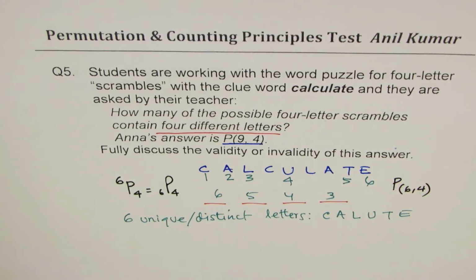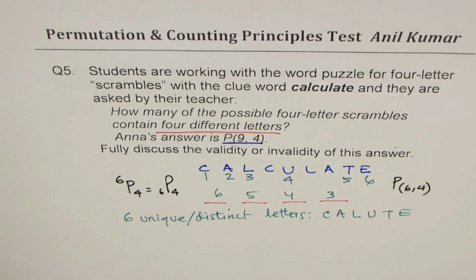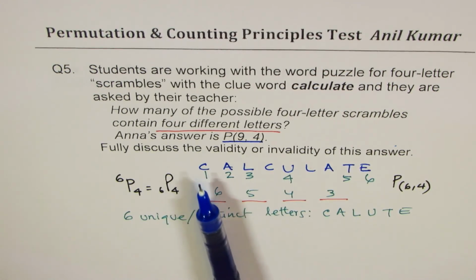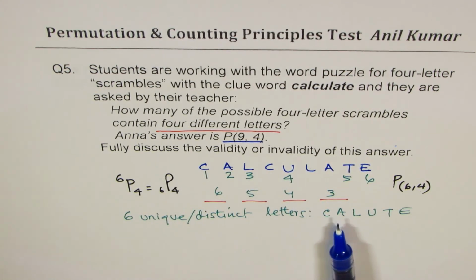So any nomenclature can be used, but that is the answer, correct? And you can easily explain this, saying that we have a choice of picking from actually only 6 distinct letters, and there are 4 positions to be filled. And using counting principles or by permutation, the answer should be 6 times 5 times 4 times 3 or 6P4. I hope that makes sense.